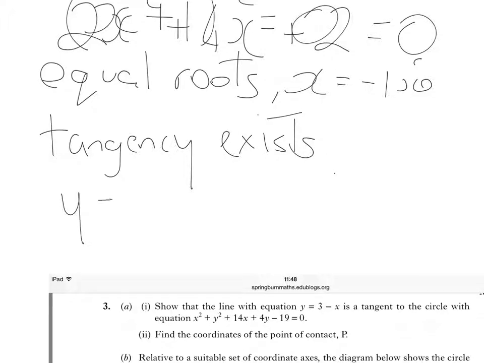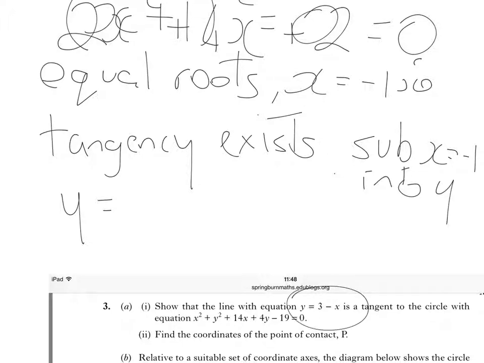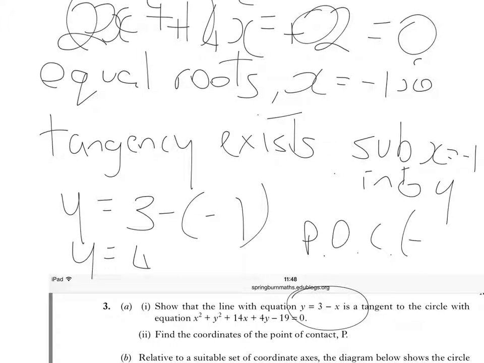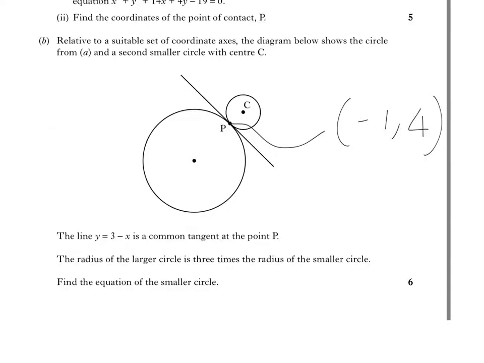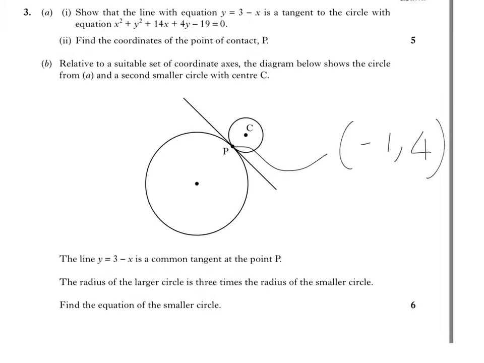So just get my value for x, which was minus 1, and sub it into y. So y is equal to 3 minus x, so that's 3 minus minus 1, which is 4, so my point of contact then is (minus 1, 4). So I filled that in just in case I need it later.